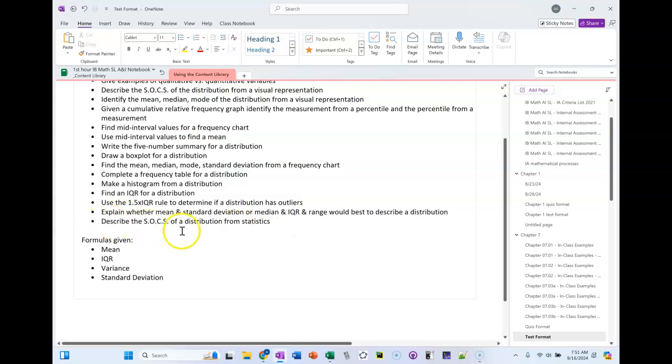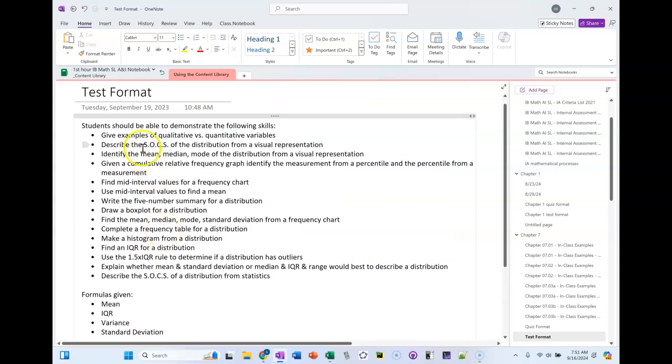And then I have SOCS here twice apparently. I guess I thought that was pretty important that I put it on the list.